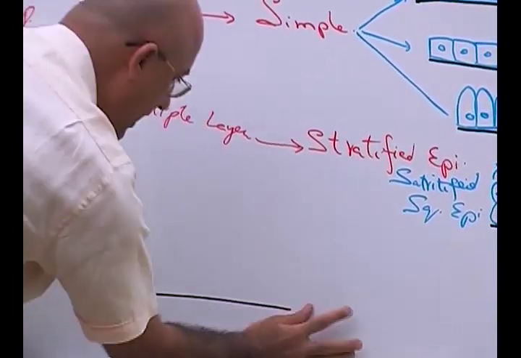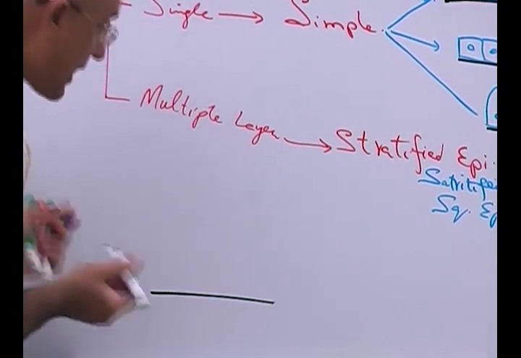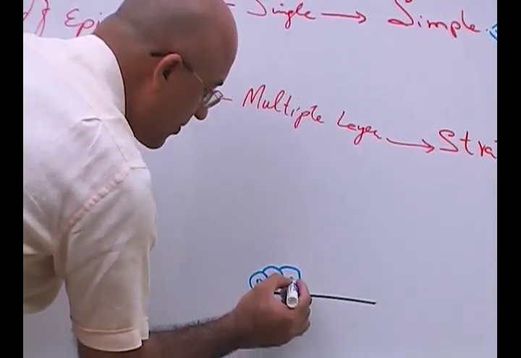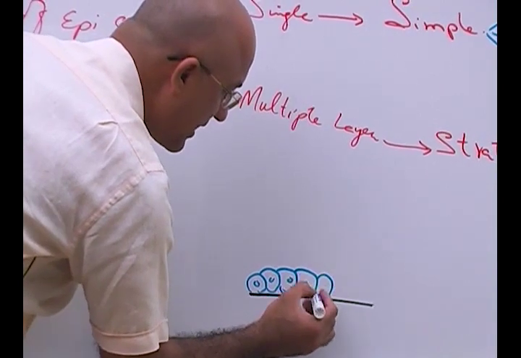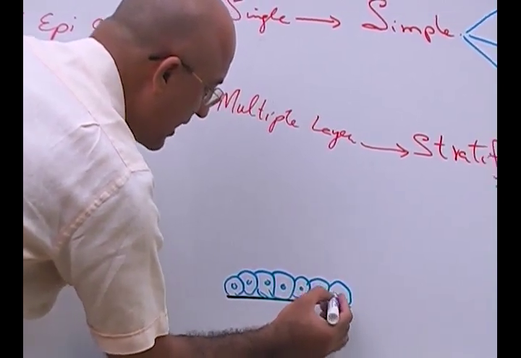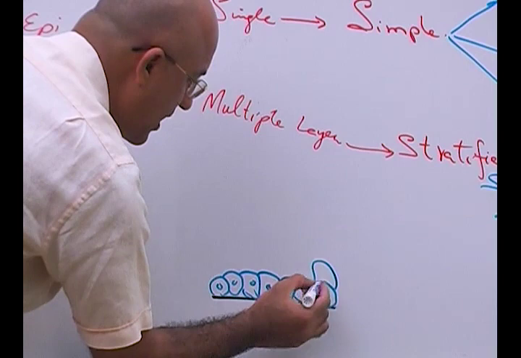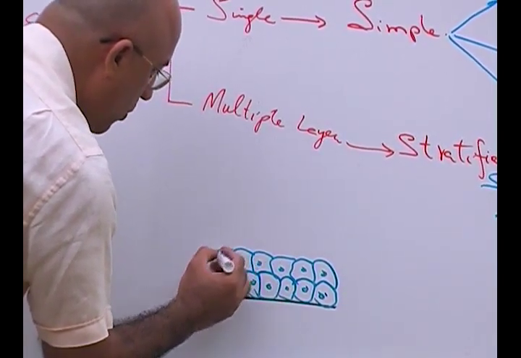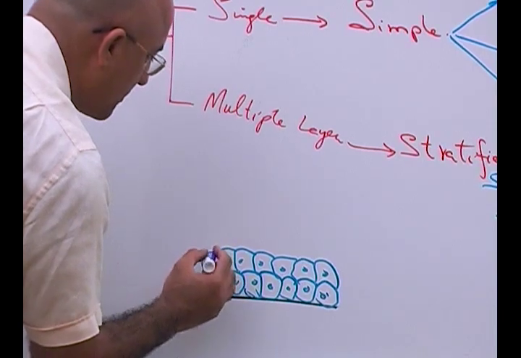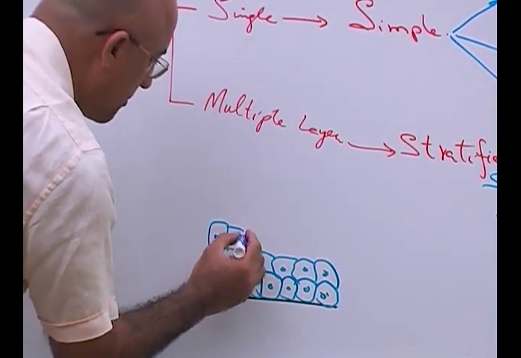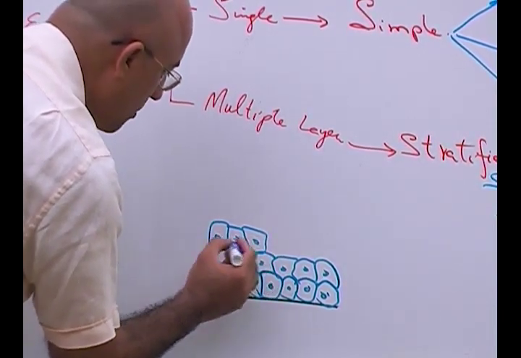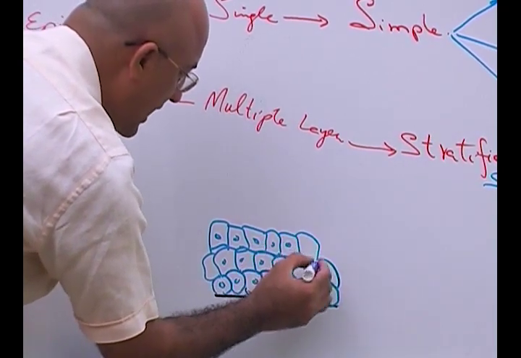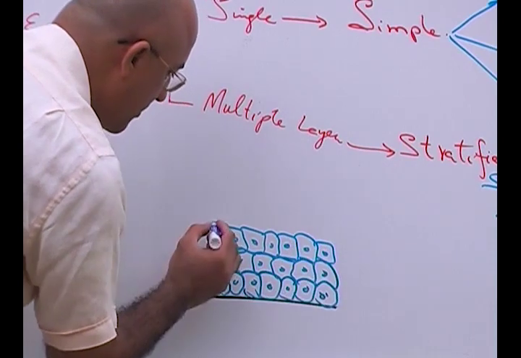Now we look at another type of epithelium, where the cells are again multi-layered, and again we have to look at the features of cells at the top. In the top layer, are these squamous cells, cuboidal or columnar?